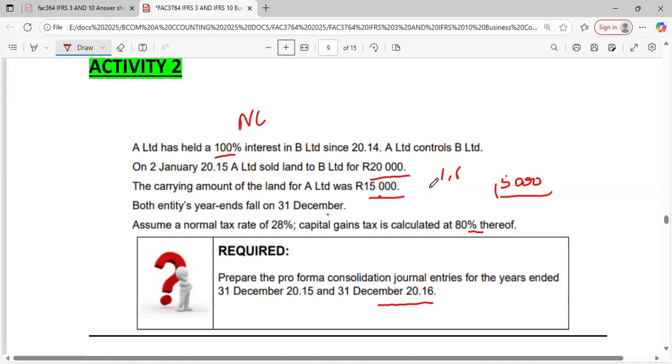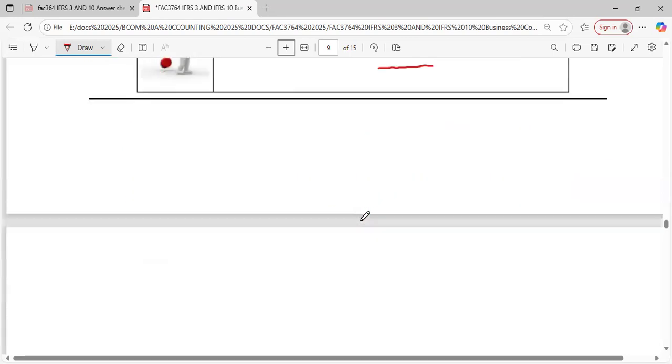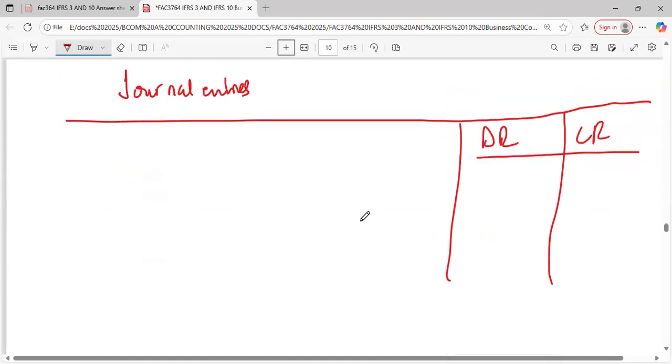Right, so let's look at the journal entry. The journal entry is still straightforward like before. It's only here we don't have cost of sale because we are talking of land. So you can just say you are going to eliminate profit on sale of land against property, plant, and equipment.